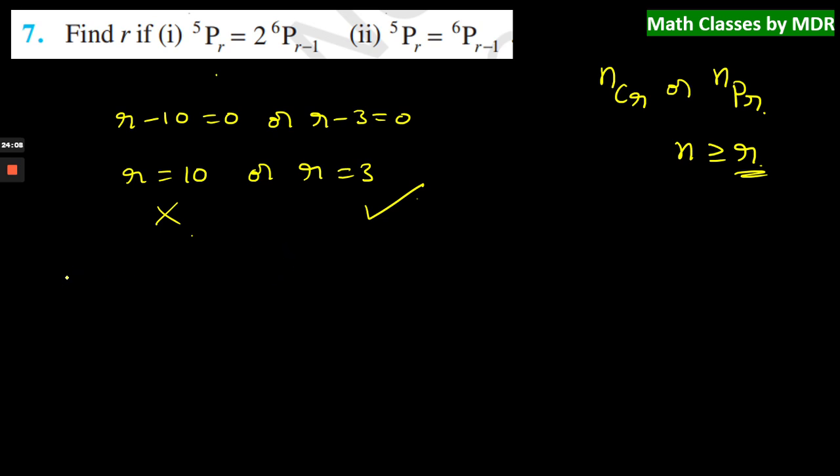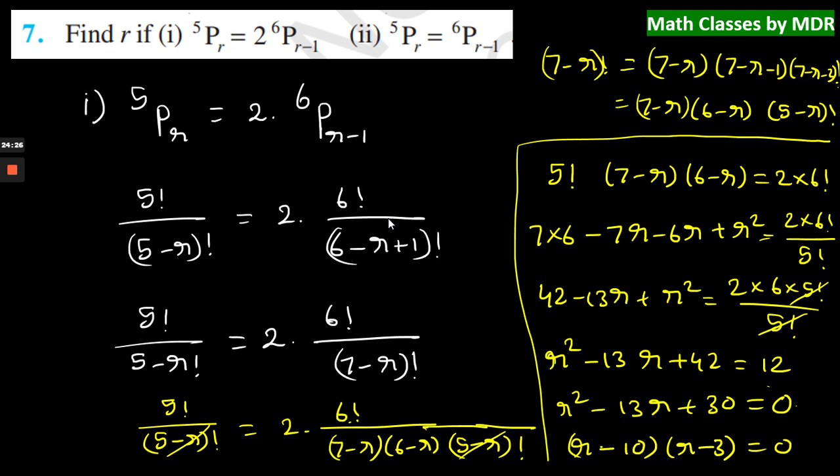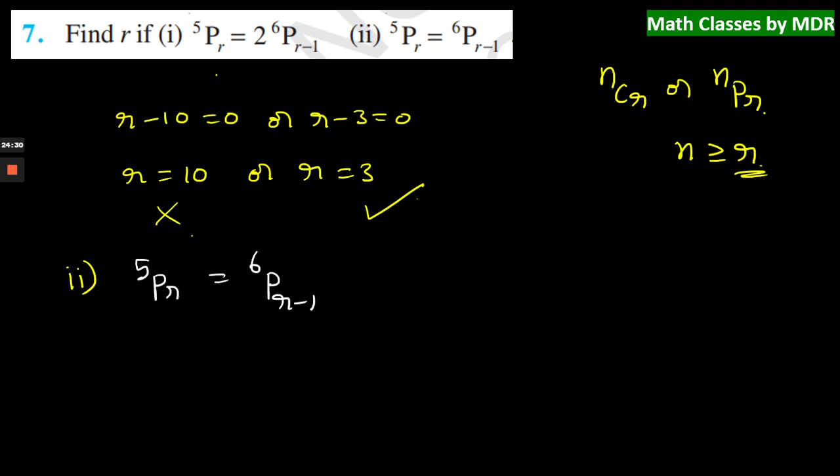Now let's see the second one. 5Pr is equal to 6P(r minus 1). It is just similar to the previous one, only there is no 2 here. That's it, right? So from the simplification of 5Pr, what do we get? 5 factorial by (5 minus r) factorial is equal to 6 factorial by (7 minus r) factorial.